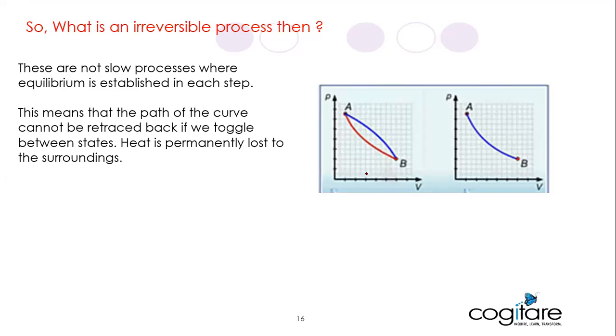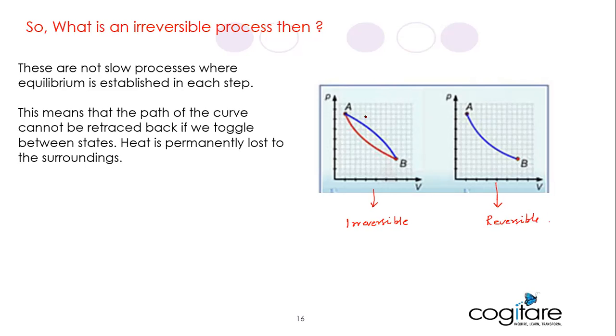Okay, so this process, where you are going one way and coming back another way, what will you want to call this, reversible or irreversible? Irreversible, sir. Whereas what will you call this? Reversible.